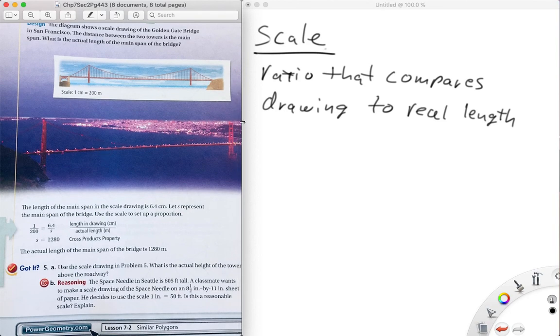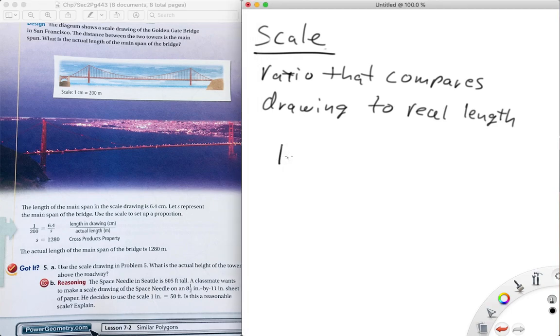Well, if I was to set this up, I have 1 centimeter over 200 meters. If I knew what the height of the thing is, so here's the length of the bridge here.